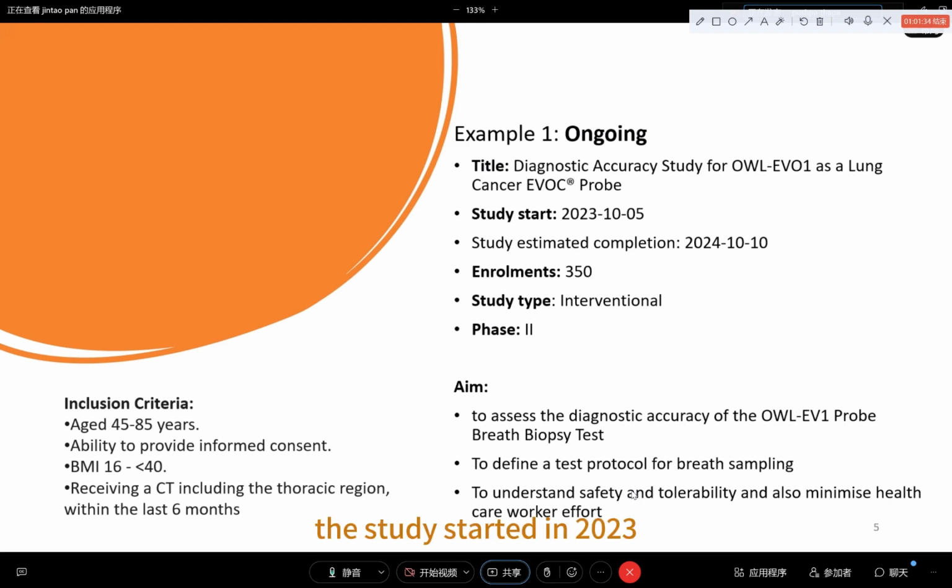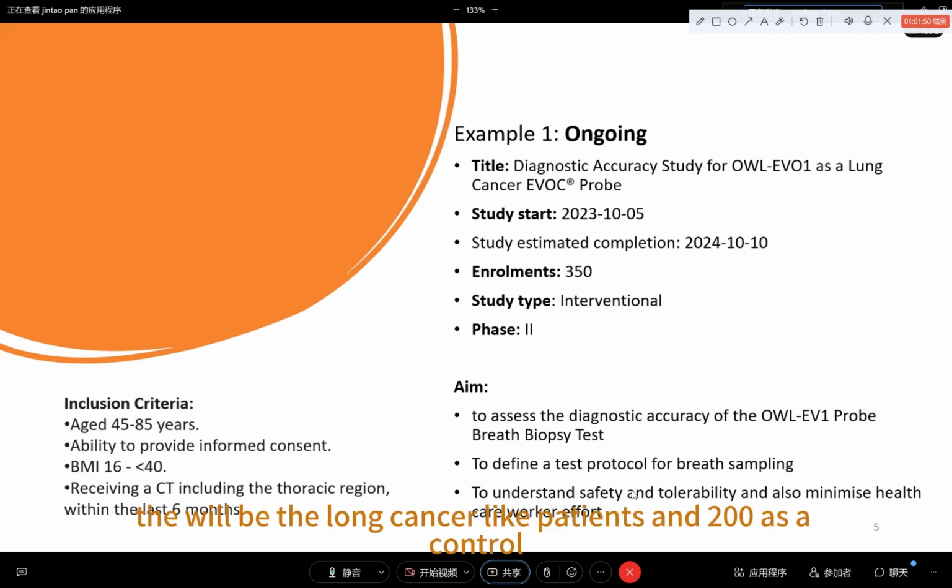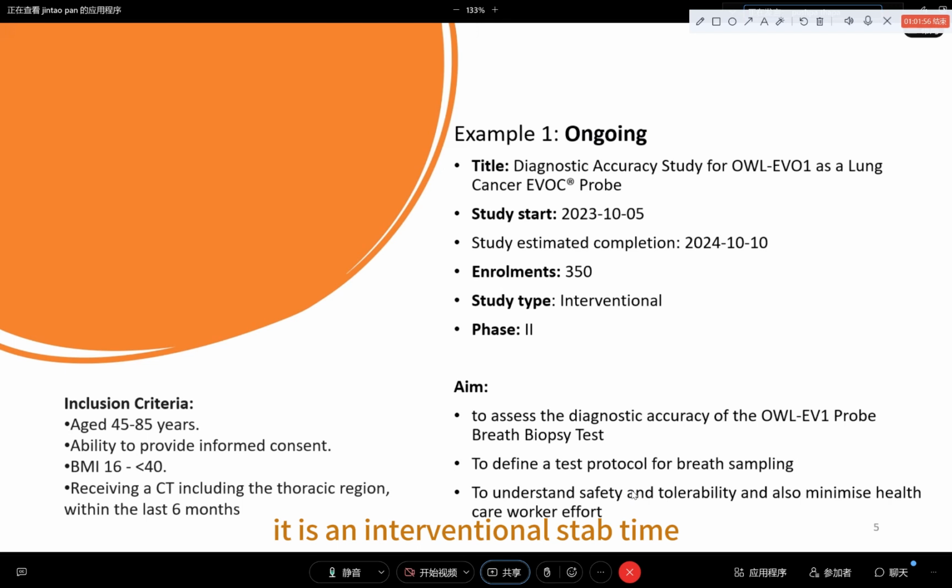The study started in 2023 and is estimated to be completed in 2024. For the enrollment, they are planning to take 350, out of which 150 will be lung cancer patients and 200 as a control. It is an interventional study type, and there is no masking.